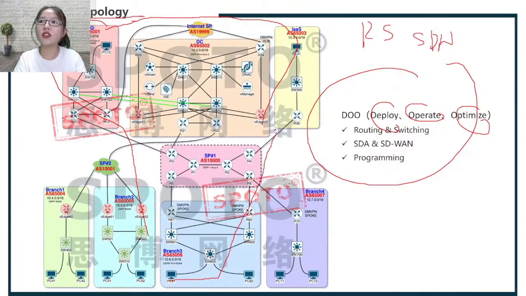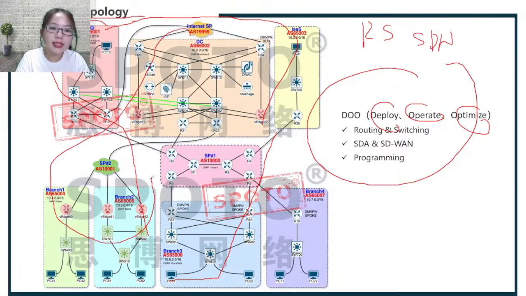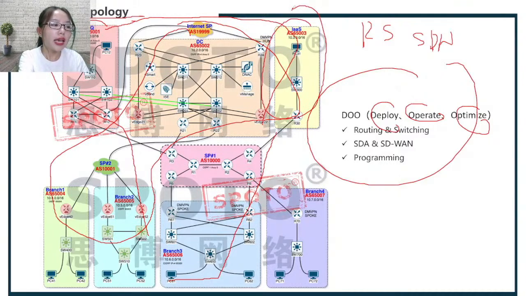And this part is SDN. SDN includes SDA and SD1, and the right part is programming. So you can see the detail in this diagram.